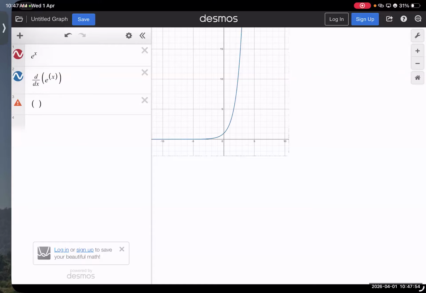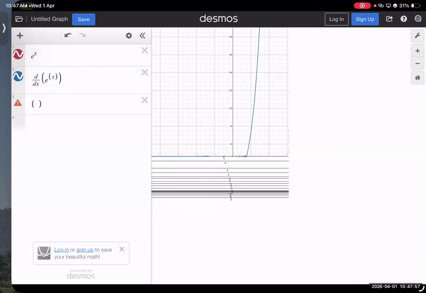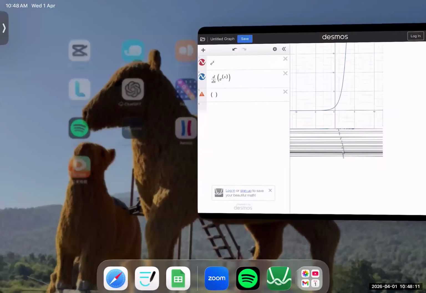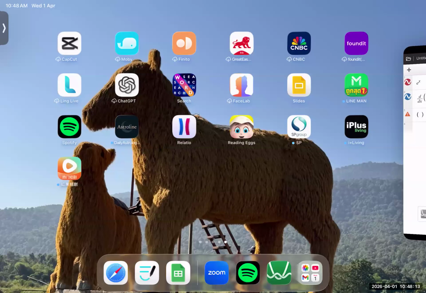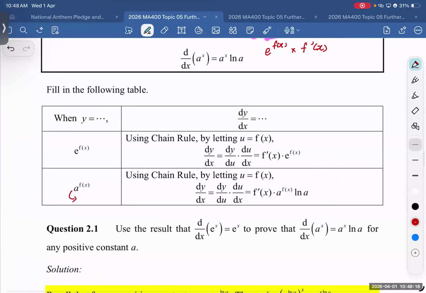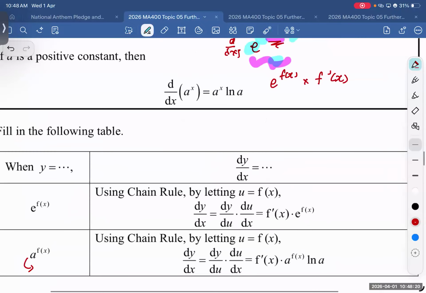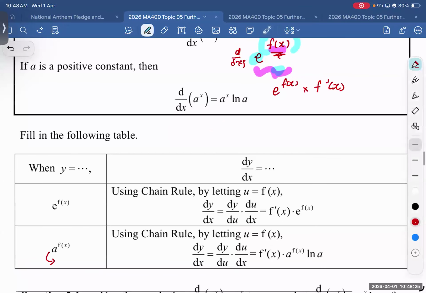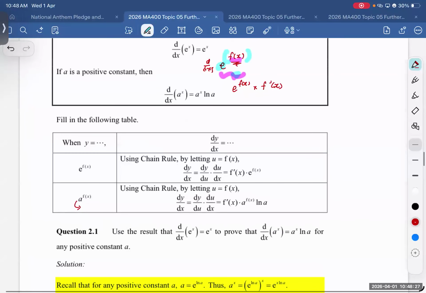When you draw a tangent, the gradient is so steep that the gradient of the exponential function is itself. It's because of the nature of the graph. It's going very fast. When it's climbing so fast, the gradient of the exponential graph is also exponential. But if it's a power x, it will give you a power x log a. Maybe you all try to prove this first under 2.1.